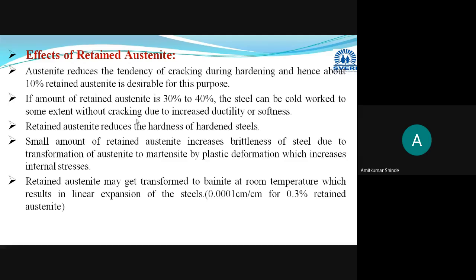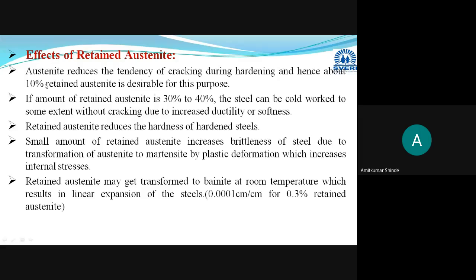The first 2 points you can explain in one point also. Whenever an amount of retained austenite is there, as austenite is a soft, malleable and ductile phase, it will improve the softness or ductility of that steel component, and it will reduce its tendency of cracking.